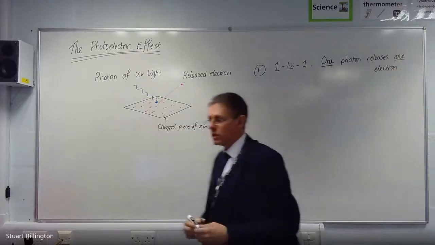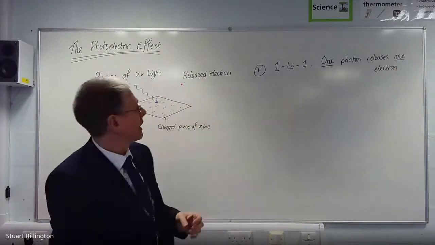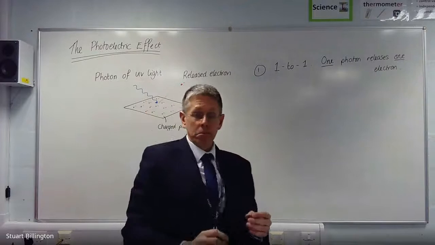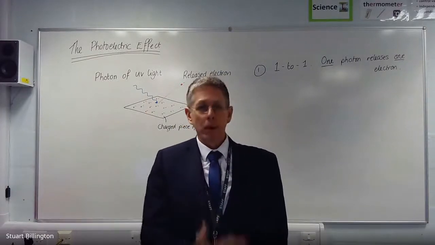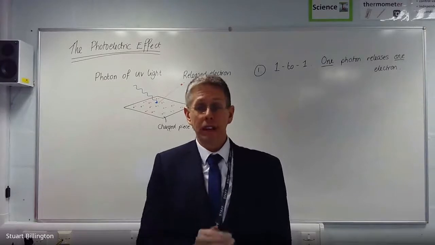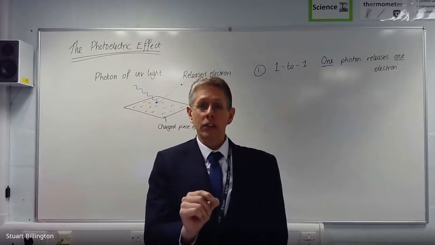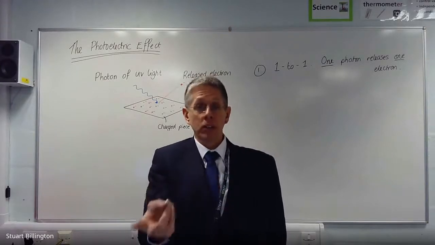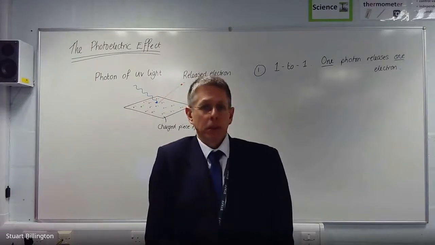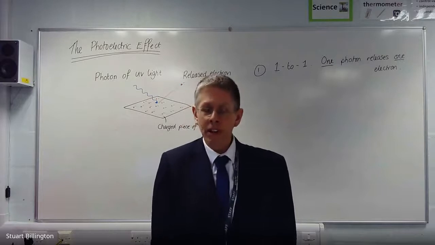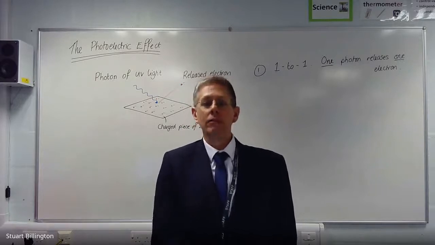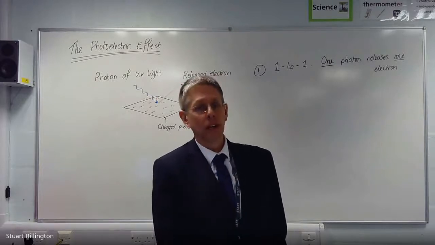Now, you could argue statistically that it's not a zero probability, impossible event that one electron should be hit by two photons. It's not impossible. It could happen. But electrons are very, very small, and photons are even smaller.